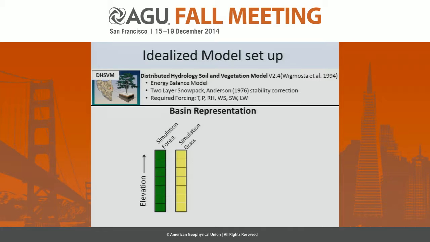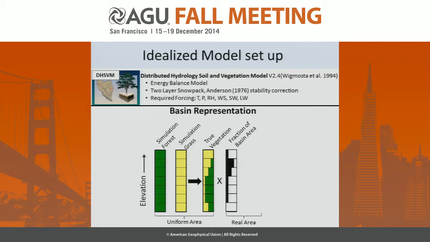So to be able to represent our basin in this idealized manner and be able to separate these different controls, we first, for each basin, divided up into elevation bins and had 2 simulations, one with a forest vegetation and one with a grass vegetation. We then can use the true observed fraction of vegetation in each elevation bin to calculate the fraction from each of those simulations for that elevation bin.